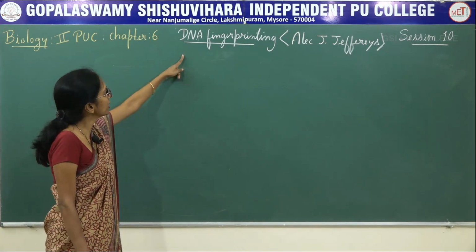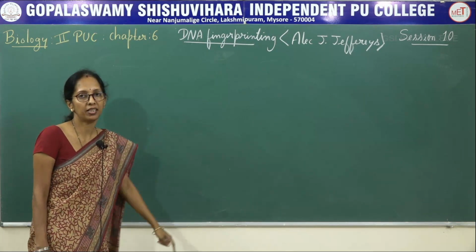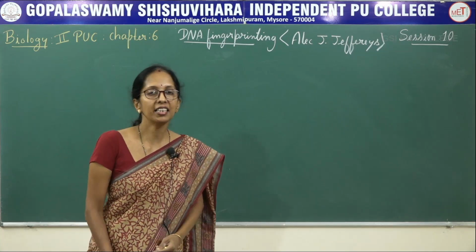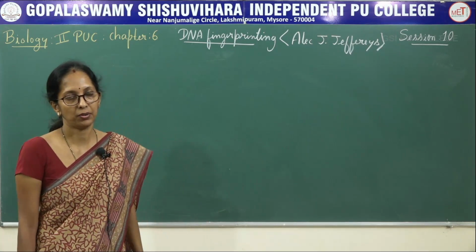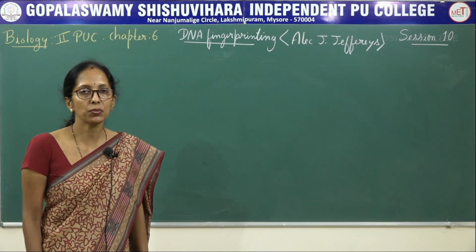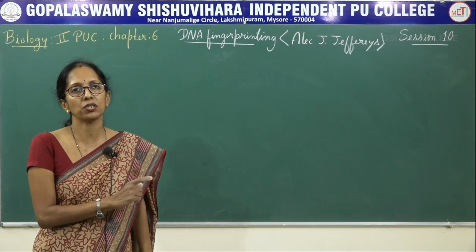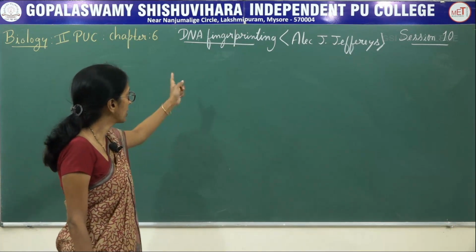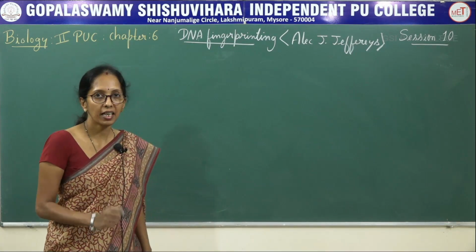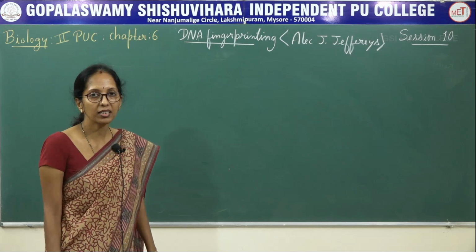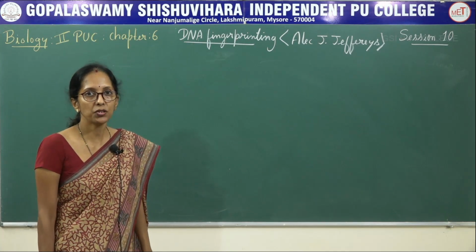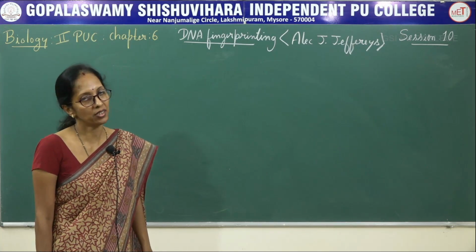As the name itself indicates, DNA fingerprinting or genetic fingerprinting is the technique to identify individuals that is mainly based on the DNA sequences. So, what is meant by genetic fingerprinting? It is the technique to identify individuals that is mainly based on the DNA sequence.